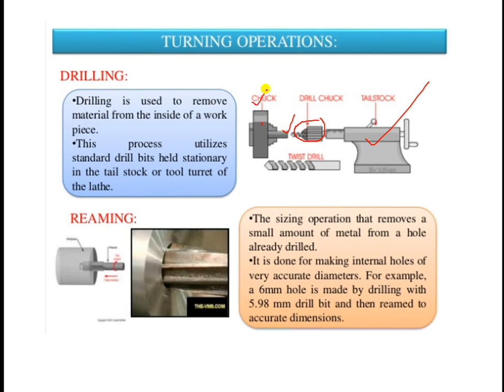This workpiece is held with the help of a chuck which is attached to the lathe machine's gearbox, which will give the rotation as per the requirement of that particular component. So try to remember this. This has been enlarged here, which drill is used here.